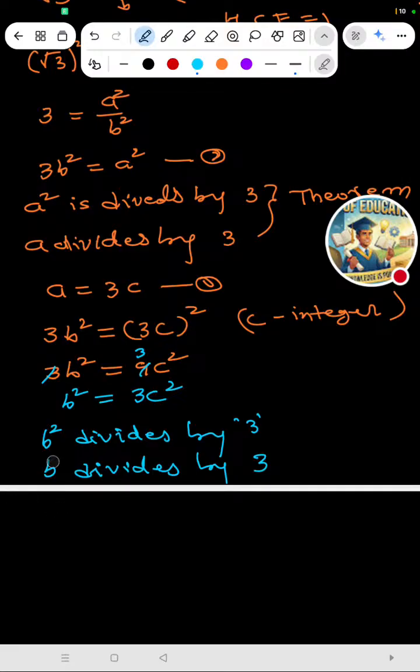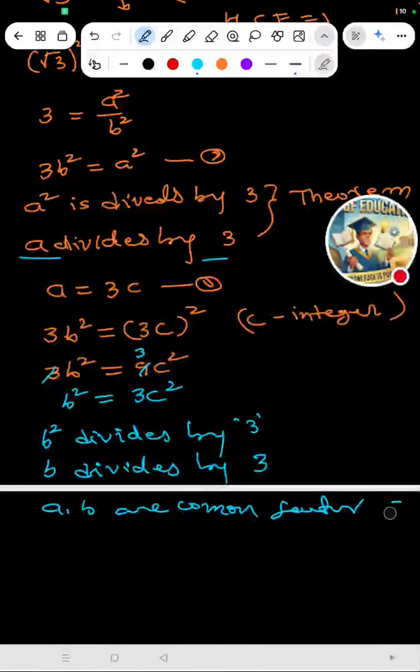So look here, a is divisible by 3 and b is also divisible by 3. So a and b have a common factor, that is 3, which is wrong.